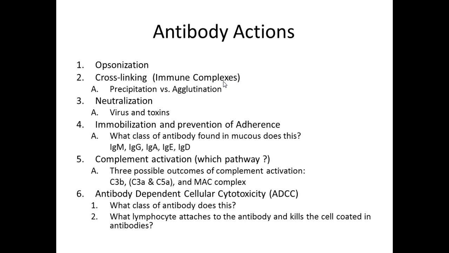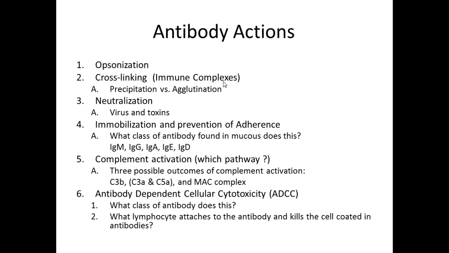Now, immobilization stops stuff from moving. So bacteria, what do they have appendage-wise that helps them move? Flagella. The antibodies can bind to the flagella and wrap them up and tangle them up, and they get stuck and can't move. Then preventing adherence: same thing with bacteria.